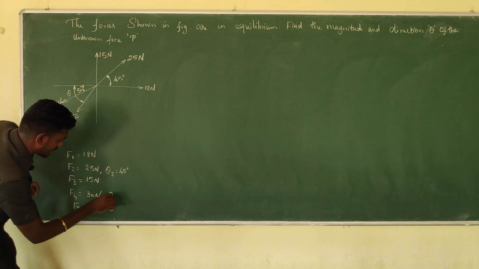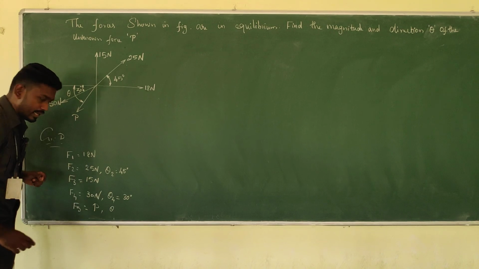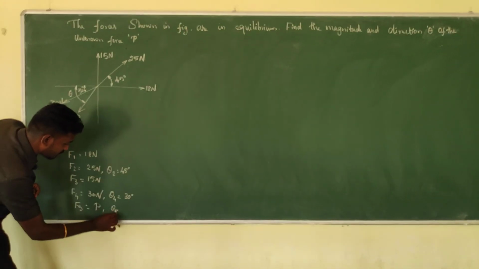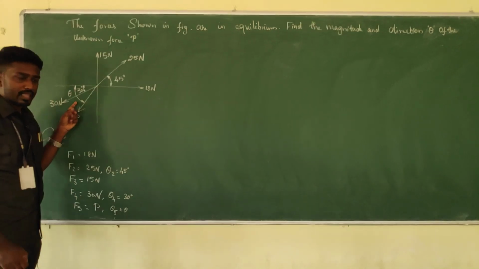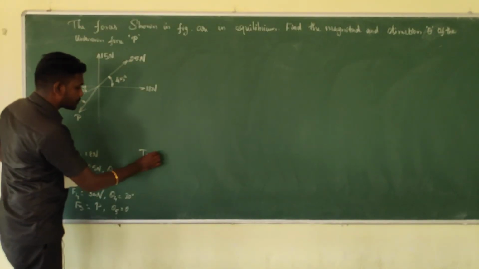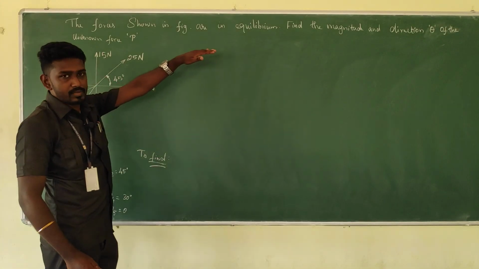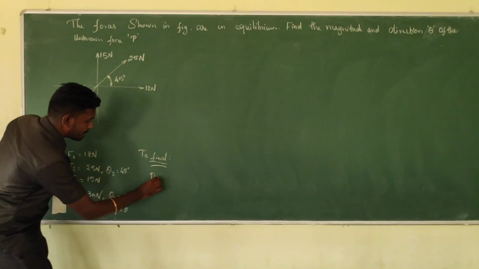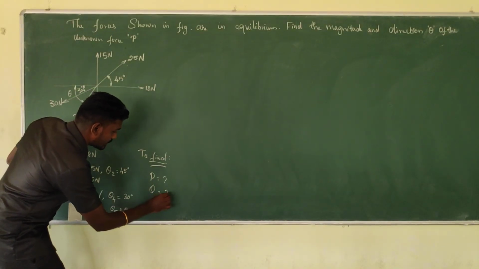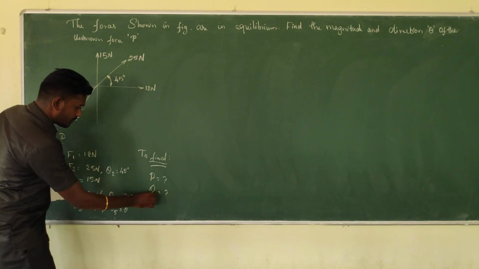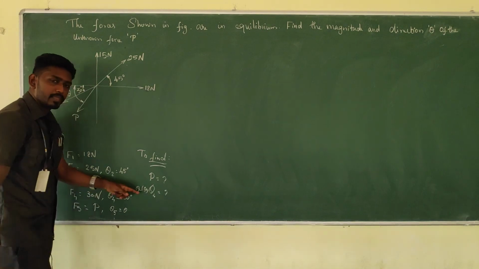So I am going to take theta 4 is equal to 30 degrees. F5 is P, which is unknown, and its inclination is theta, so theta 5 is equal to theta, which is given here. So we need to find the magnitude of the unknown force P and its direction theta.